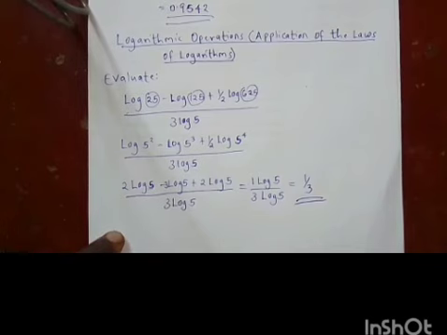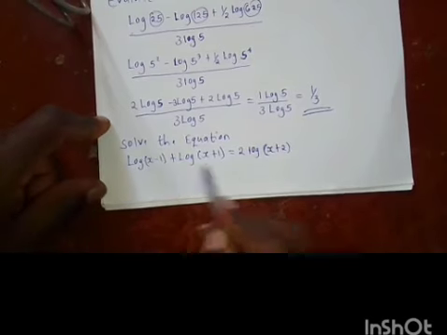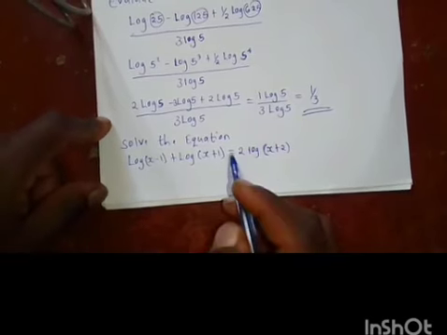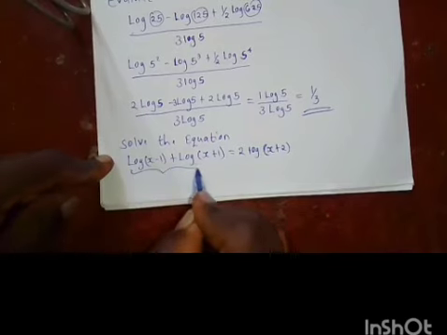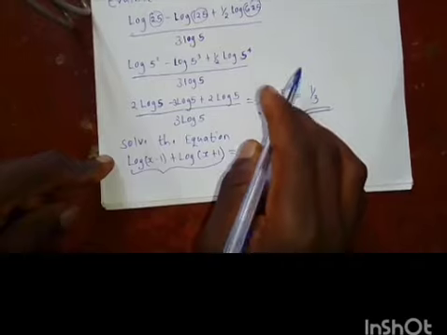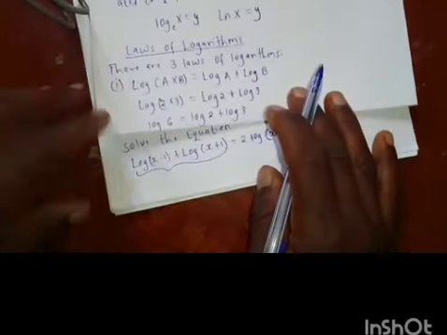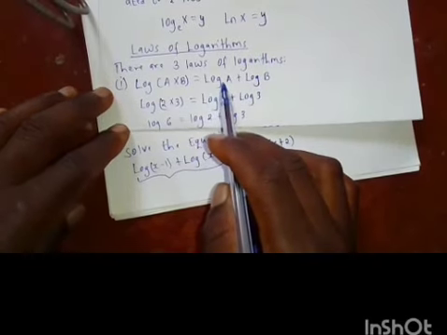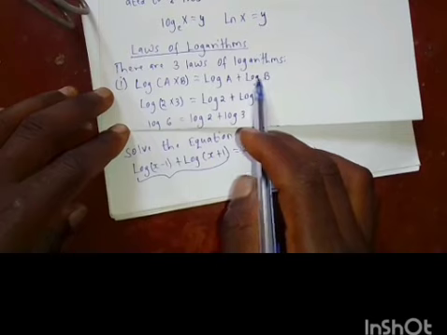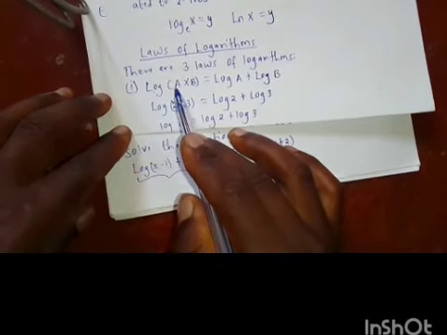So you may also be asked to solve the equation given this way. Here on this side you apply the first law of logarithm. Here we said that the sum of the individual logarithms of numbers equals the logarithm of the product of the numbers.